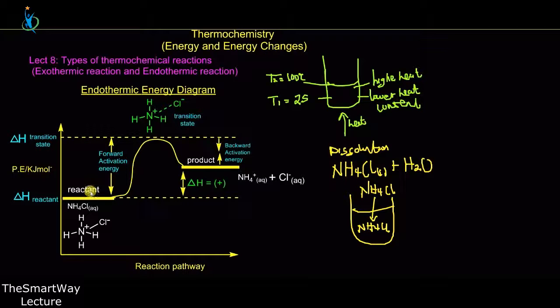In the endothermic process, a large amount of energy is required to break the bond, and the energy is absorbed. The reactant absorbs energy from the surrounding, which ends up with a lower heat content, and all the energy goes into bond breaking.